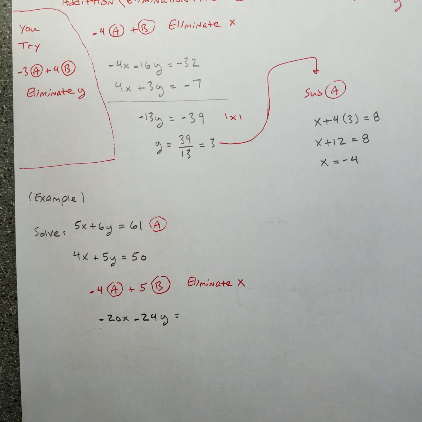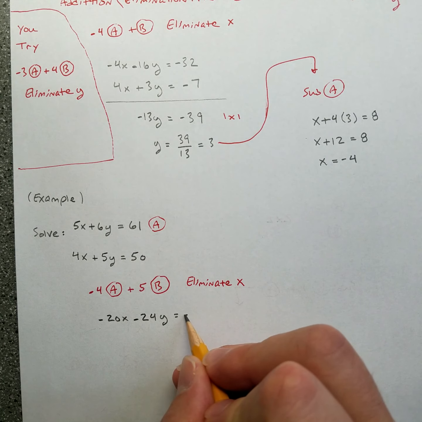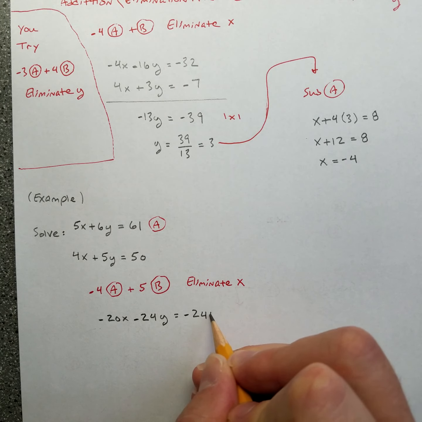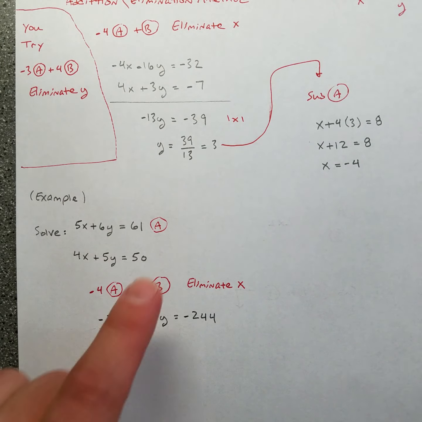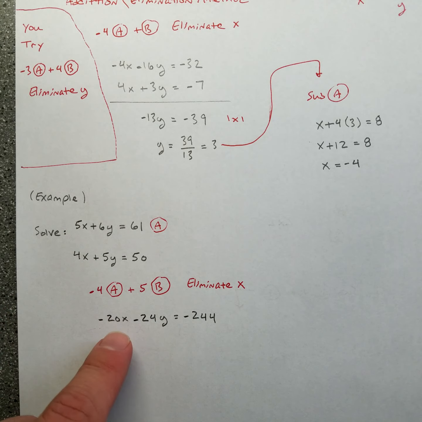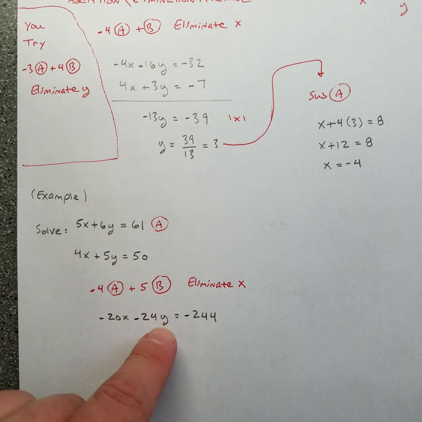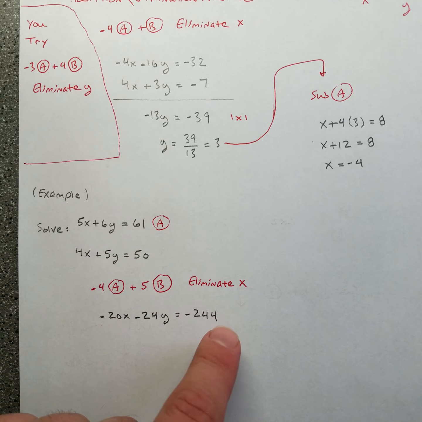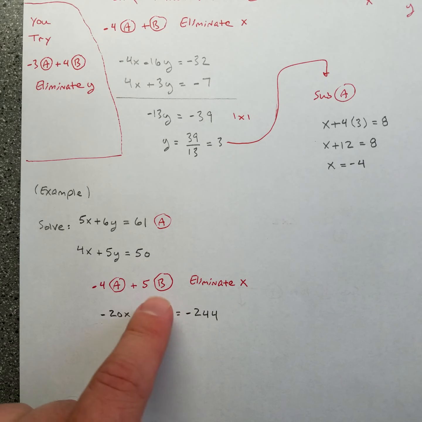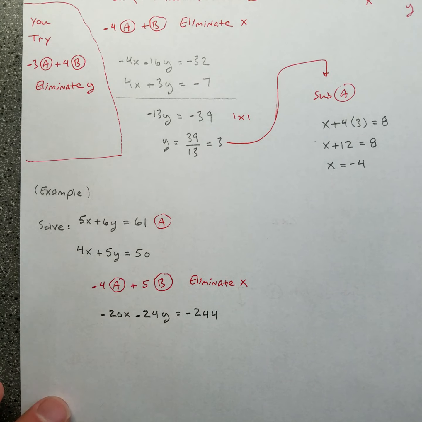All right, and then times 61, I'll get -244. Okay, double check. -4 times 5, -4 times 6, negative 4 times 61.